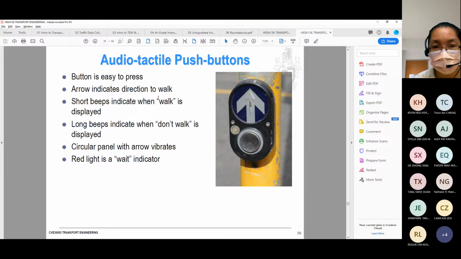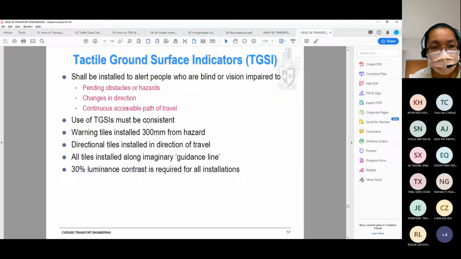And then the last bit would be facilities for those who are visually impaired or those who have hearing impairment. So audio tactile push buttons, these are for hearing impaired persons. And we have tactile ground surface indicators.